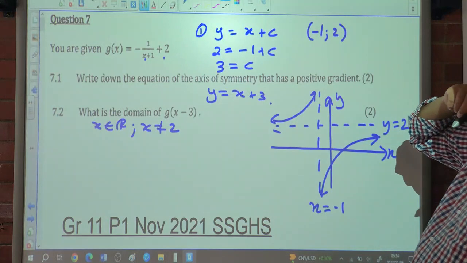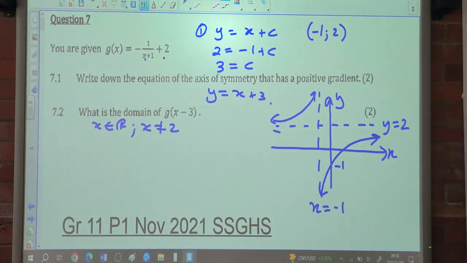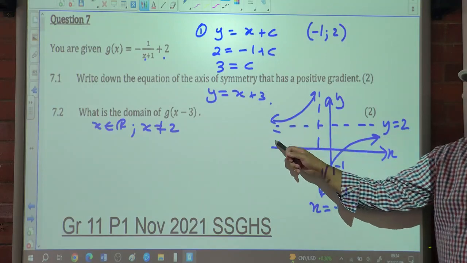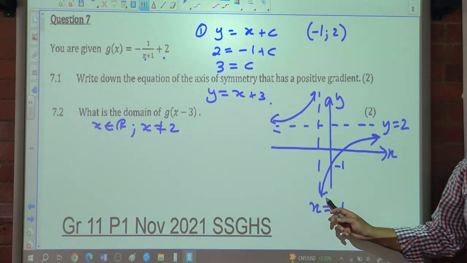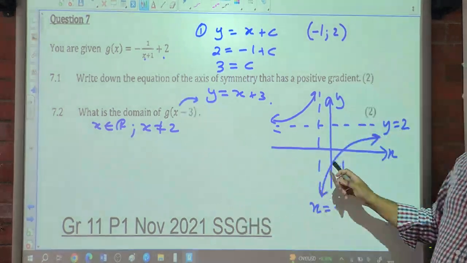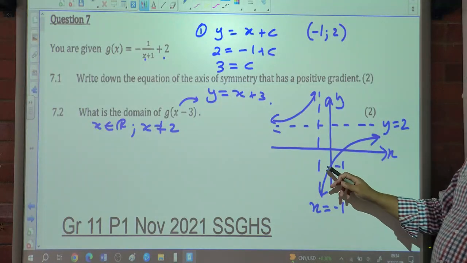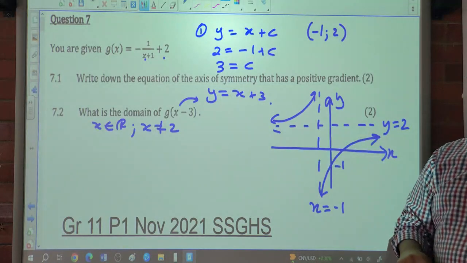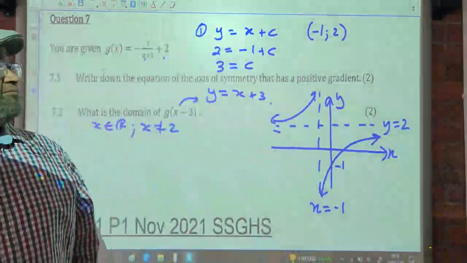So this would be minus 1, just to give me an idea. So what is the domain of this graph? X is an element of all real numbers, x is not equal to negative 1. But the graph is moving 3 units in the positive direction. So negative 1 plus 3 is going to be 2. So x cannot be equal to 2 for the asymptote.